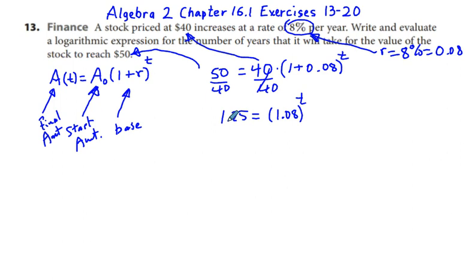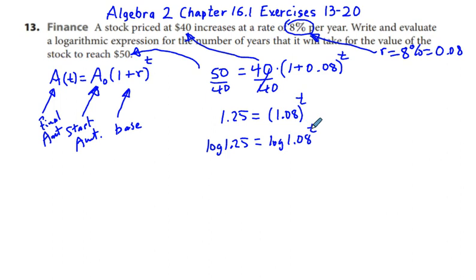Now what we're going to do, in the process of isolating the t, is take the logarithm of both sides of the equation. So we have log of 1.25. When we say log, we're talking about log base 10. So log of 1.25 equals the log of 1.08 to the power of t.